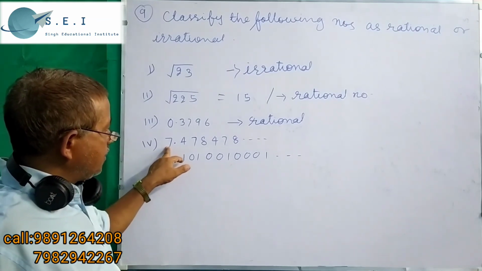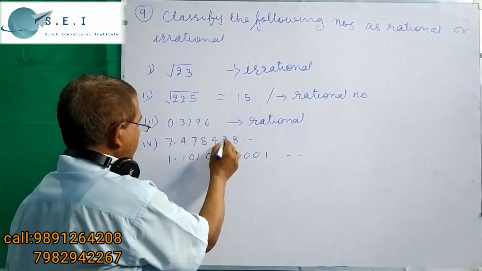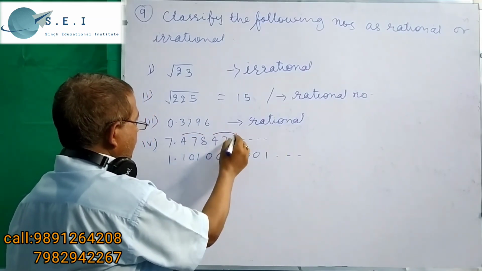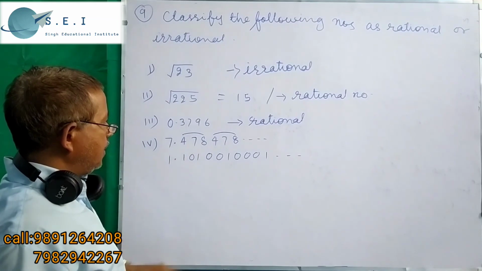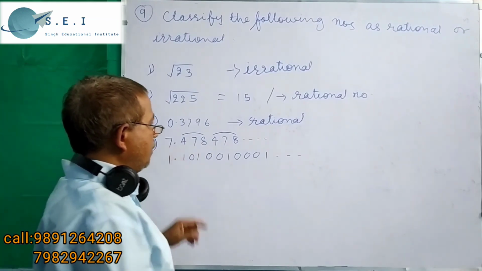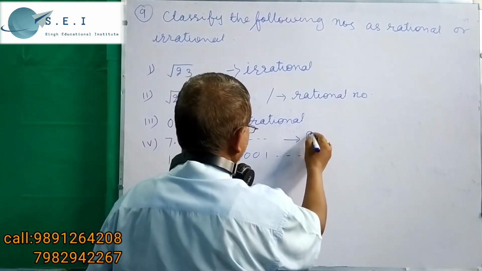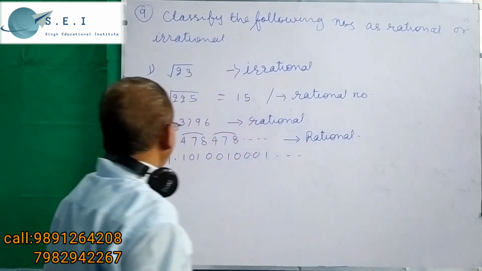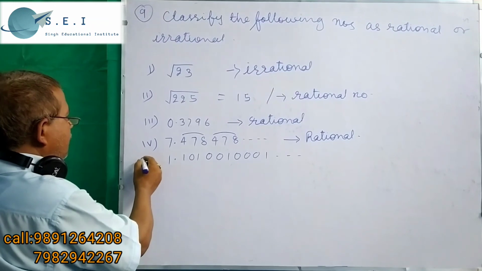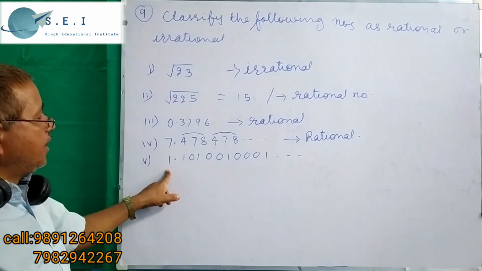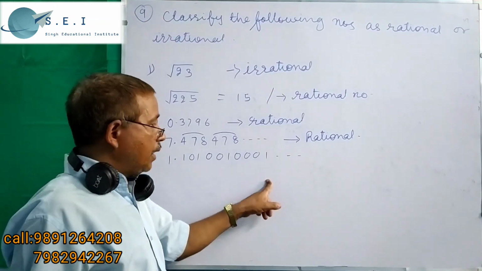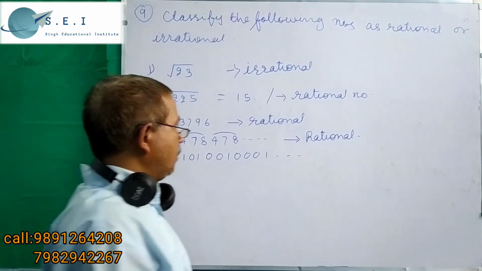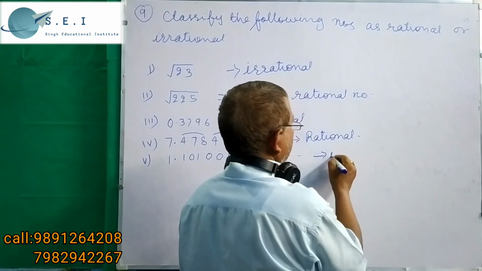The decimal expansion does not terminate but repeats. The repeating block is 478. Therefore, such a number is a rational number. In question number 5, the given number is non-terminating and non-repeating. Here there is no repeating block. Therefore, such a number is an irrational number.